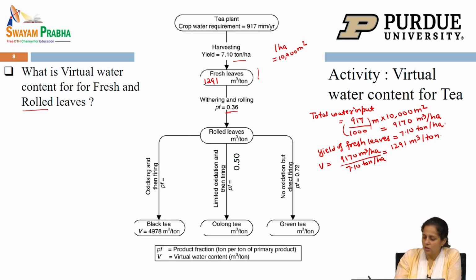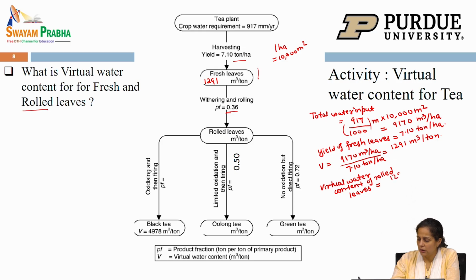So, the virtual water content of rolled leaves will be equal to the virtual water content of fresh leaf, which is 1291, divided by the product fraction, which is 0.36, and this will give us about 3587 meter cube per ton.